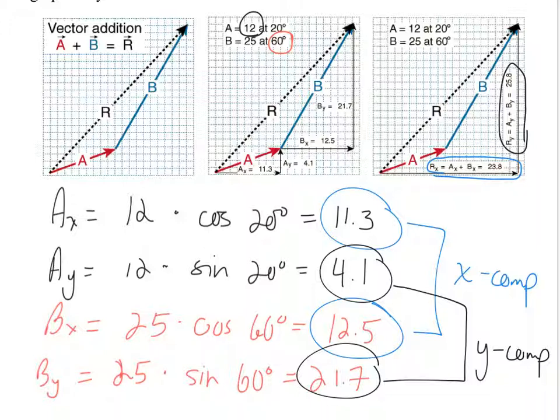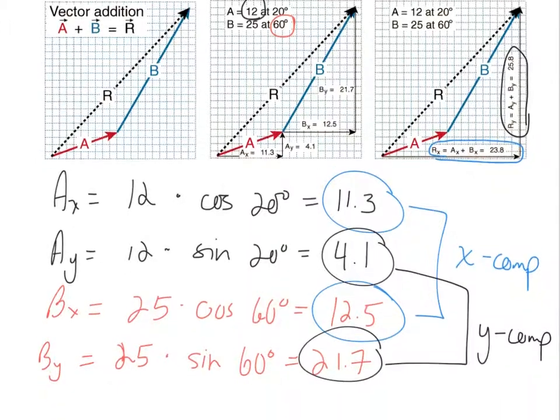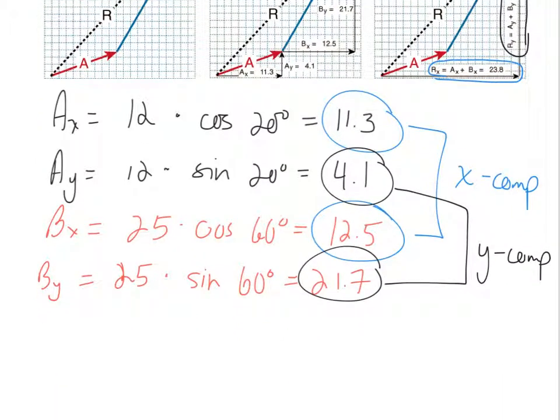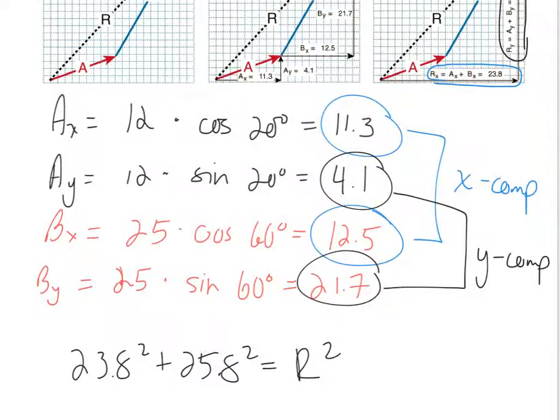That doesn't even matter. But what matters now is that we were able to see here that we can come up with the resultant vector in this problem. We could figure out what r is now, the resultant vector, if we do 23.8 squared plus 25.8 squared equals r squared. Okay, again, where does that come from?